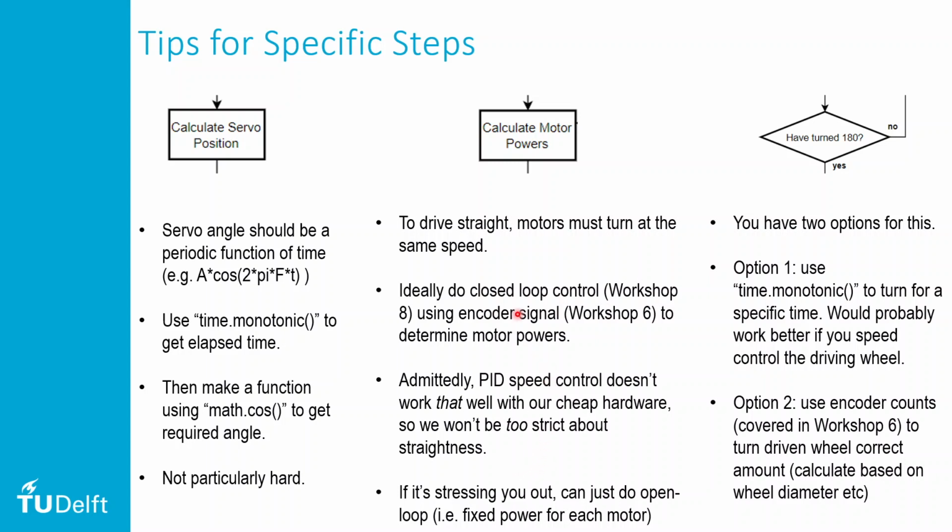I wouldn't encourage this, but if necessary, then instead of calculating motor powers, you can just say motor left gets 0.45, motor right gets 0.49, and you can find those numbers just by tweaking and seeing what leads to your robot going relatively straight. So that is an option.